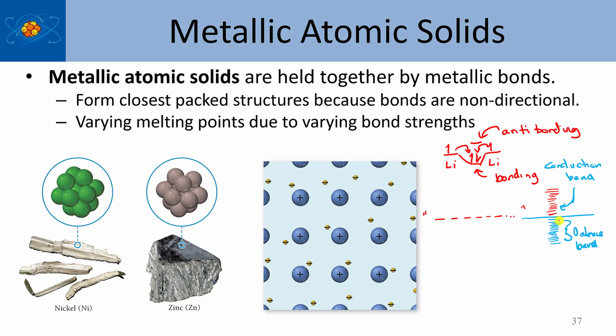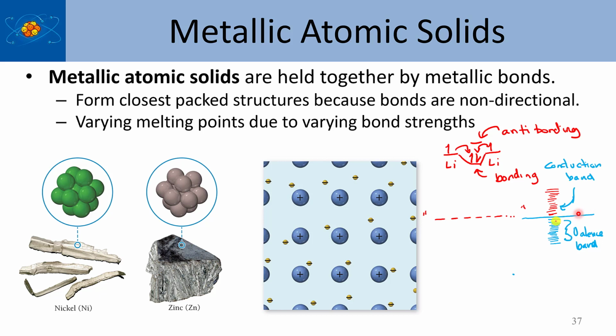What actually happens is you can get an electron to go from the valence band here up into this conduction band, and then it can move freely to the left or the right.